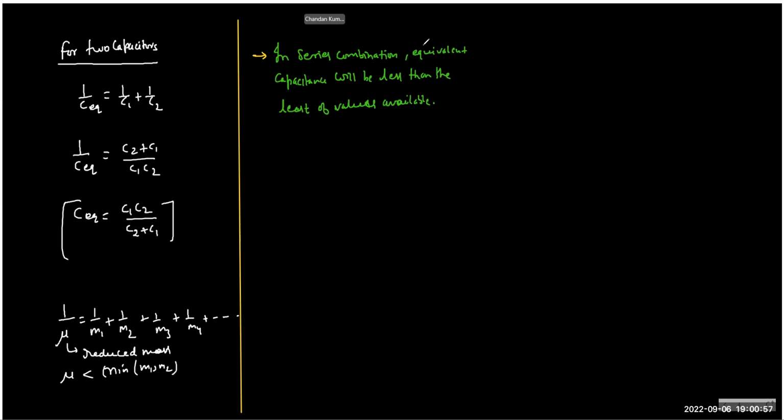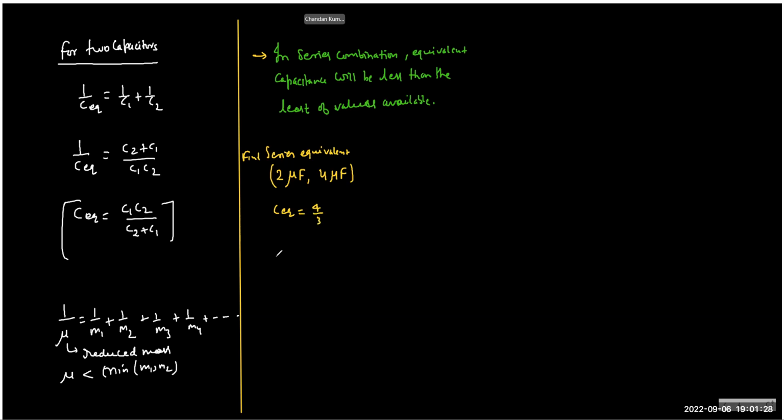So let's say if I give you 2 microfarad and 4 microfarad, what will be the series equivalent? What is the C equivalent? Sorry, series equivalent, my bad. 4/3. 4/3, right?